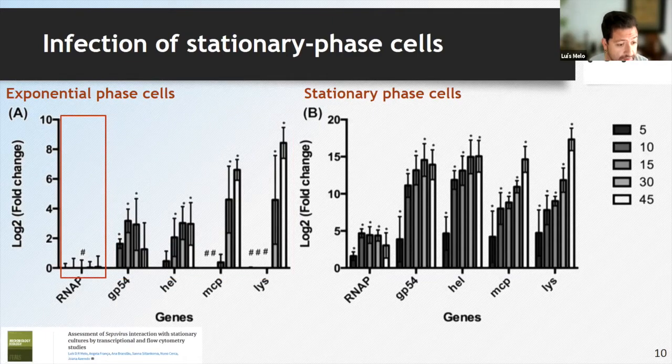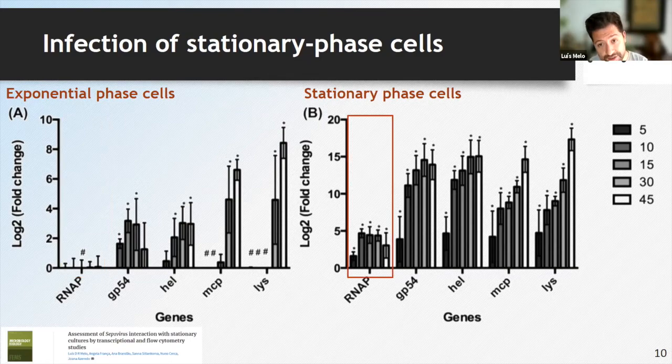Regarding the host RNA polymerase on exponential phase cells, no significant changes were observed during the track of infection. In opposition, on stationary phase cells, after 5 minutes of infection, we already see an overexpression of the host RNA polymerase, which was kept, and was even more expressed in the other points of infection.